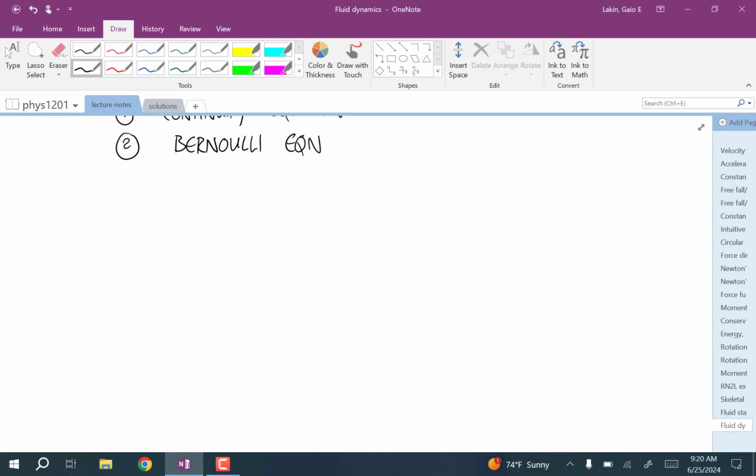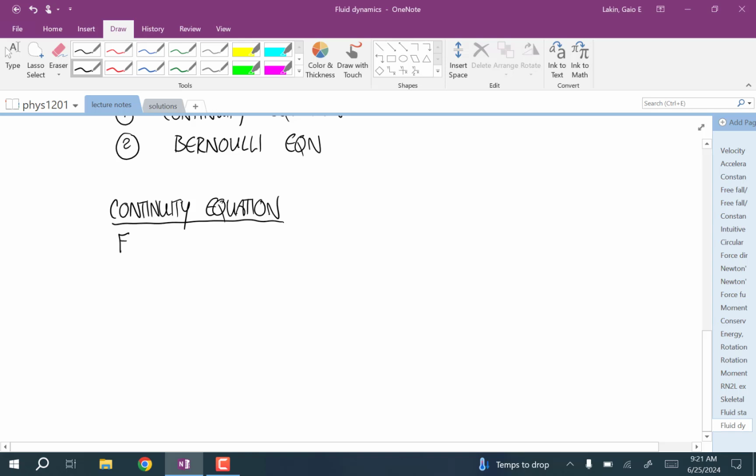Okay, so the first thing we're going to talk about is the continuity equation. And what this says, as far as understanding it, is when fluid flows through a pipe or a tube or whatever. So let's say that fluid flows through a pipe.